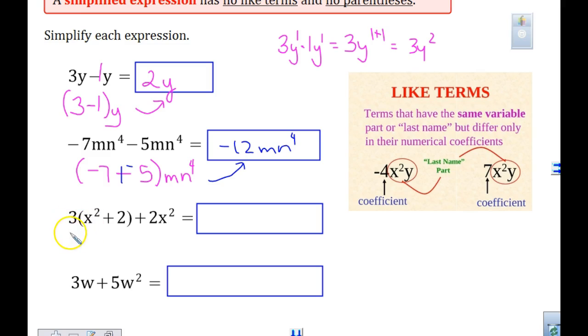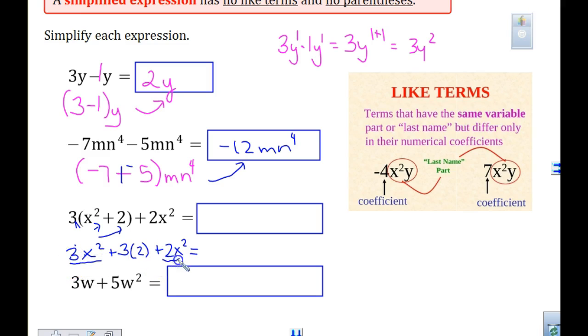So if I'm looking at this problem and I have 3 times x squared, and again, putting these arrows or showing your work, either below or above the problem, I have 3 times x squared, plus 3 times 2, plus 2x squared. At this point, I have 3 terms, right? I have 2 additions, I have 3 terms, okay? I want to simplify it down.